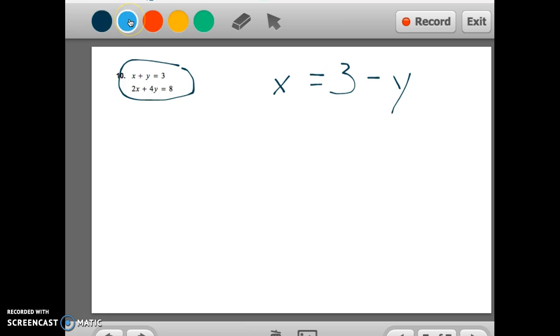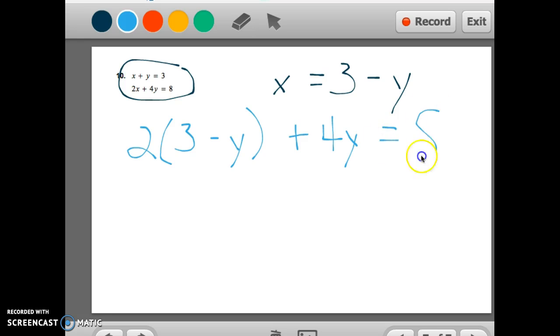And then we can sub that into the bottom equation and write, instead of writing 2x, we'll write 2 times 3 minus y plus 4y equals 8. So that's just the bottom equation, but with this substituted in for x. And then we can distribute.